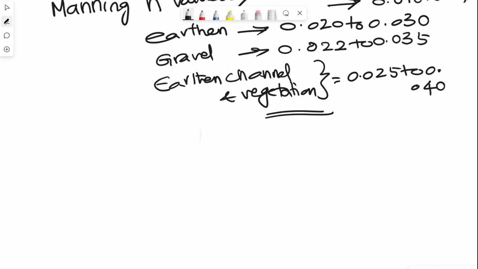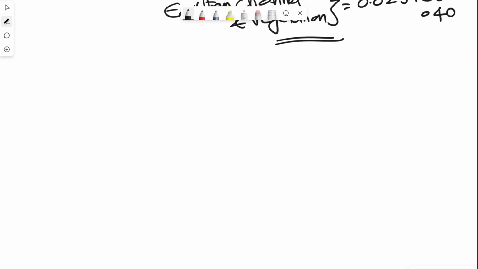So now I will show you the idea of how to do it. I already mentioned Chezy's equation. Now our job in the next unit is how to do problems, especially using Chezy's equation and Manning's equation, for discharge determination and velocity determination.